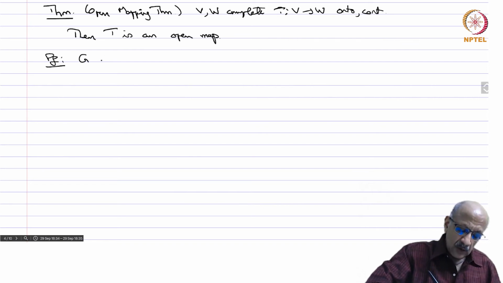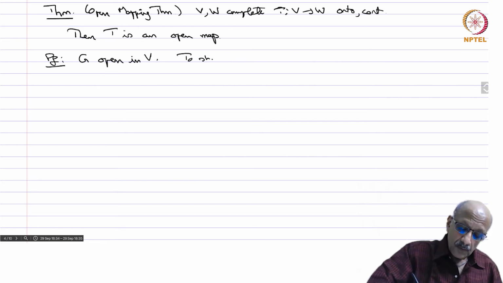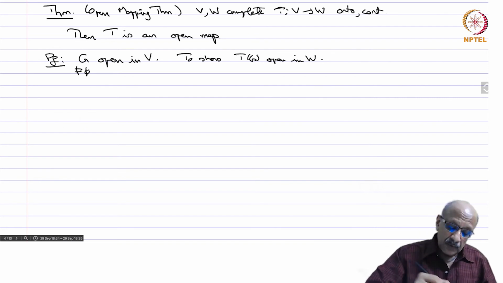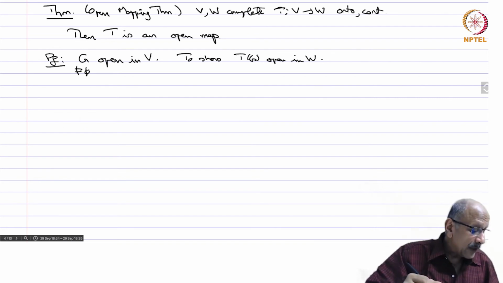So let G be open in B. To show: TG is open in W. G is non-empty, of course, otherwise there's nothing to do. So let us assume that Y belongs to TG.